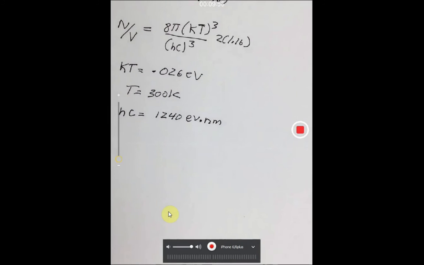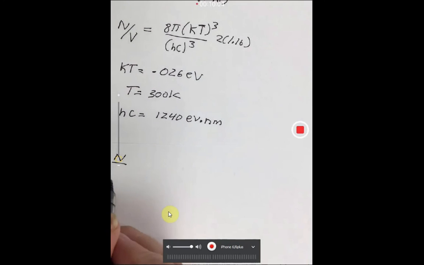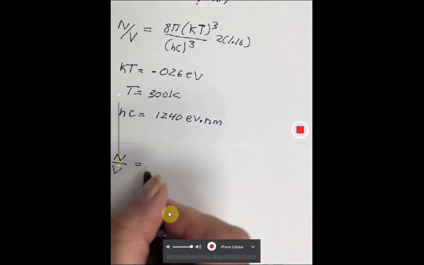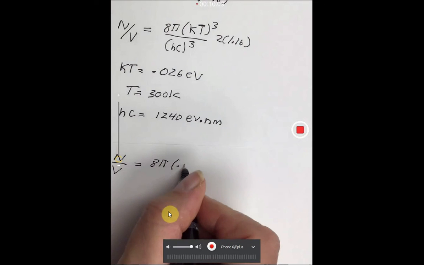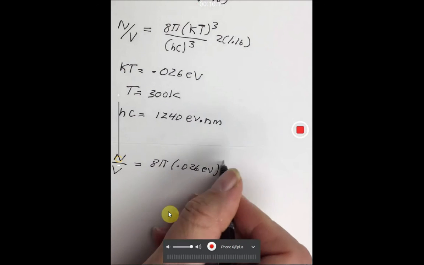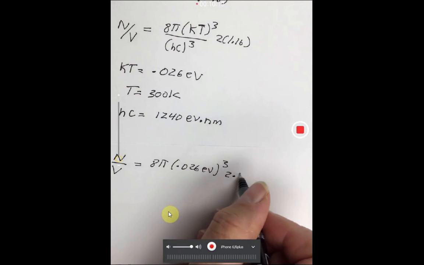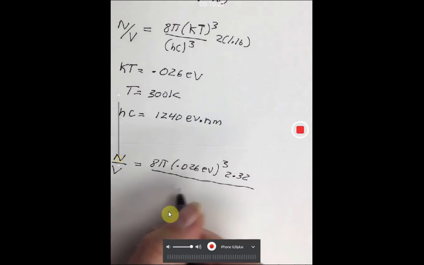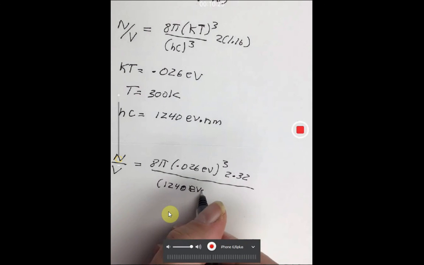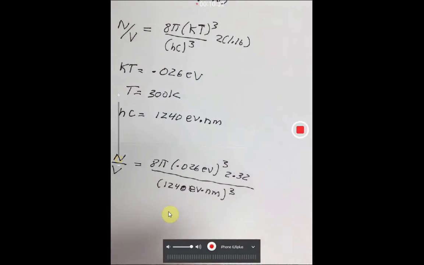Okay. So if we stick that in, we get N over V is equal to 8 pi times 0.026 electron volts, we cube that, times 2 times 1.16, so we get 2.32, over 1240 electron volts times nanometer, and then we cube that.